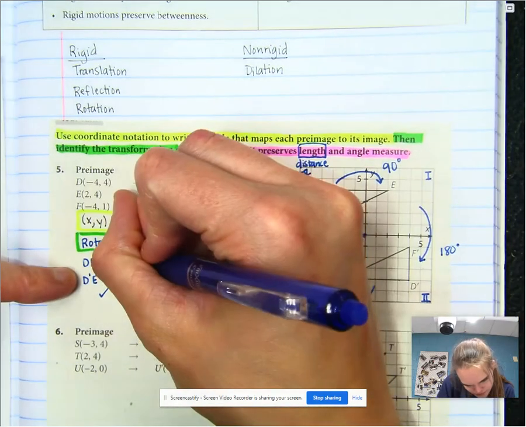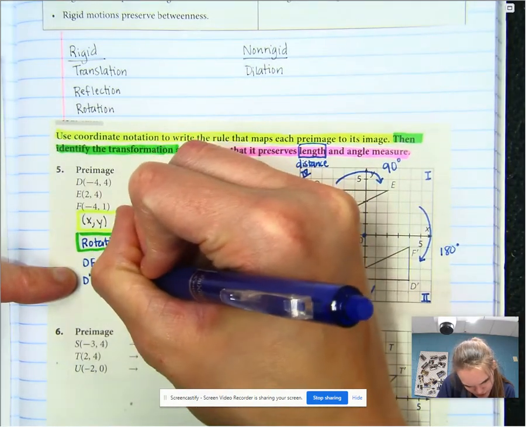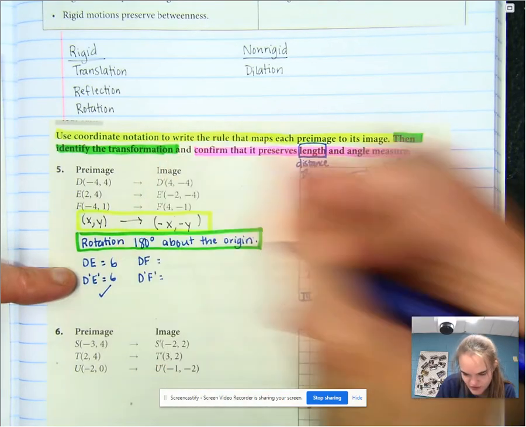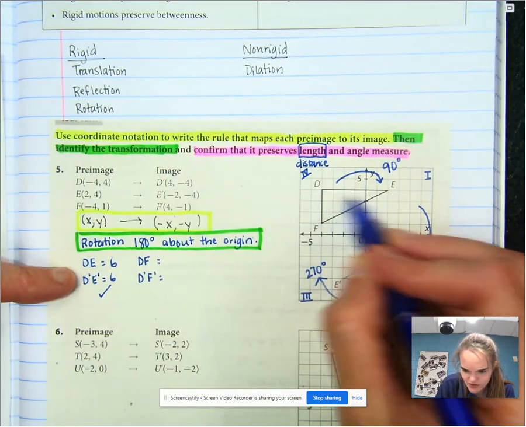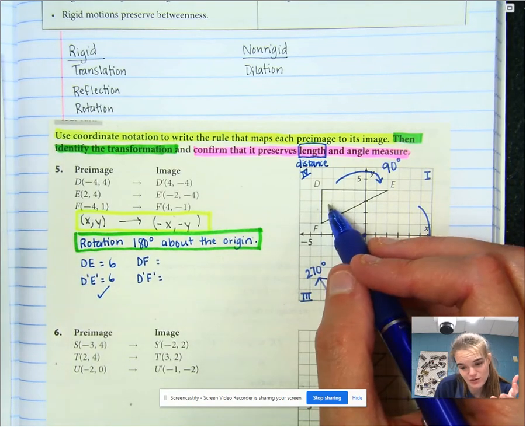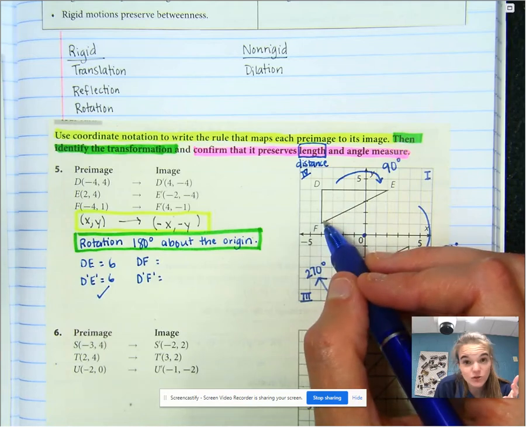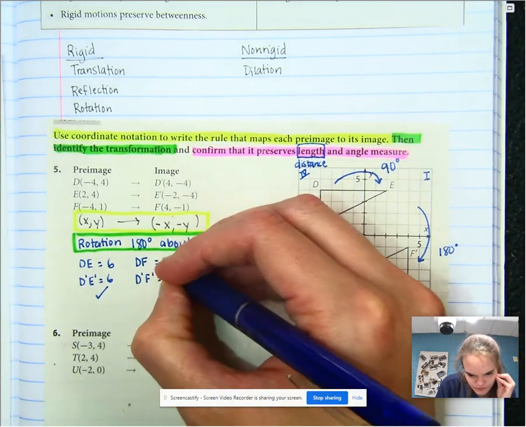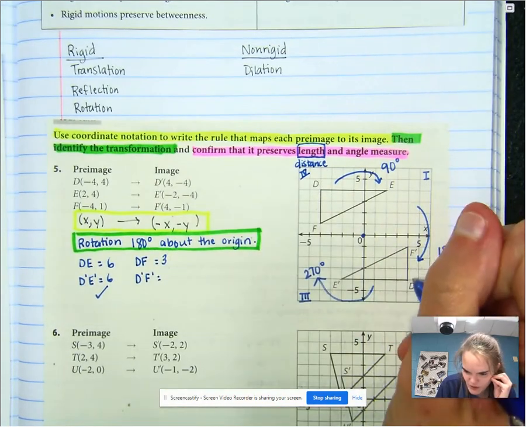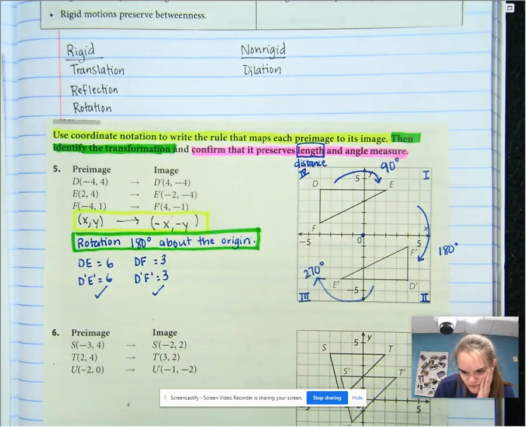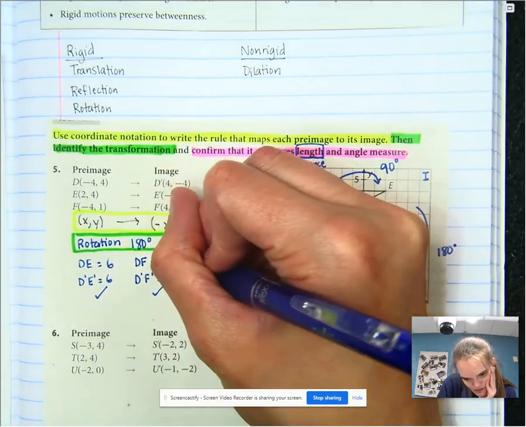DF. We're really lucky that this is a right triangle and matches on the lines. If it is on an actual axis line, you only have to count it, okay? DF, 1, 2, 3. D prime, F prime, 1, 2, 3. Good. Now EF.